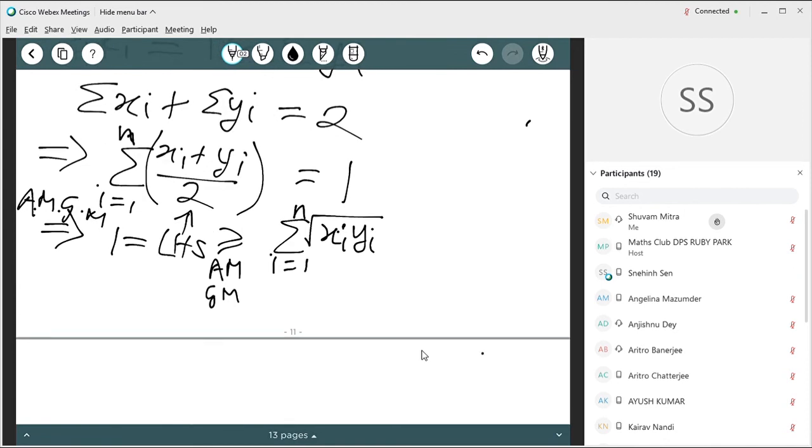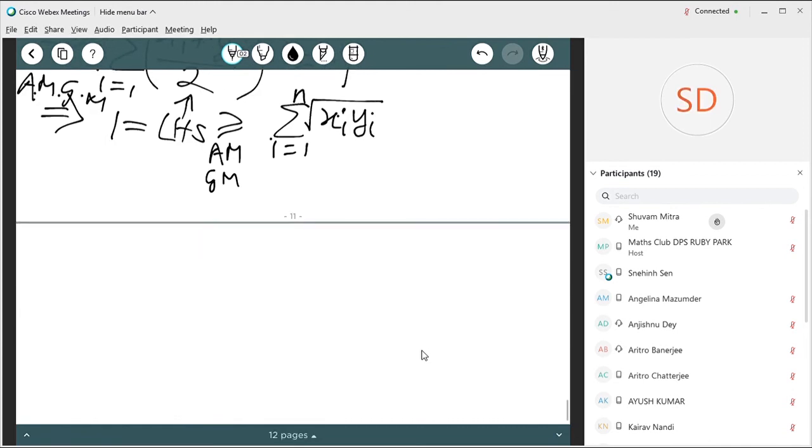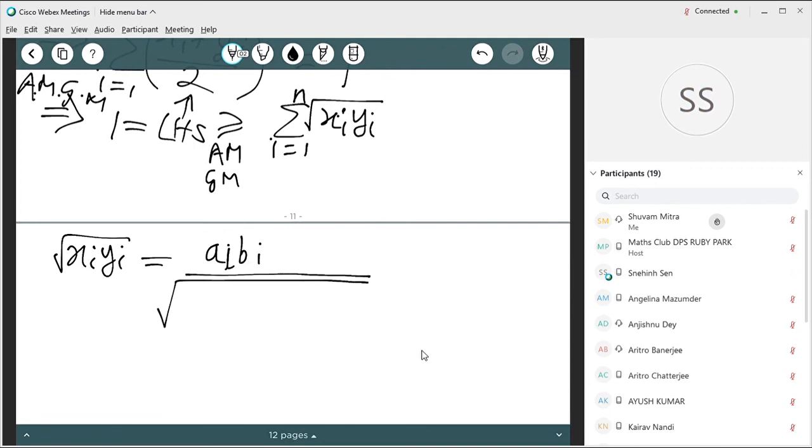It's a product. What exactly is root over xi yi? From our definitions of xi and yi, it's nothing but ai bi divided by the root of the sum of ai whole square times the sum of bi whole square. Is this right? Just look at our definition of xi and yi, and this follows immediately.